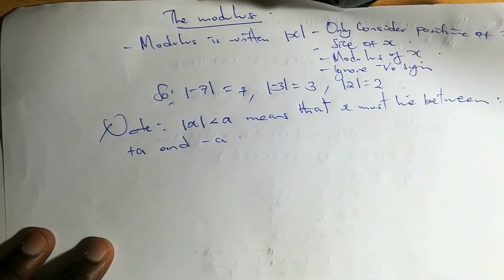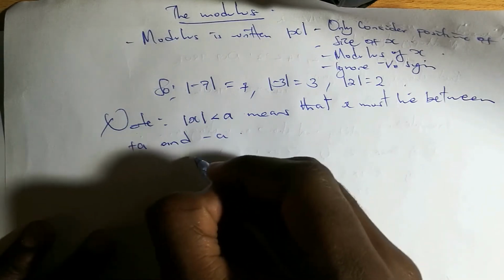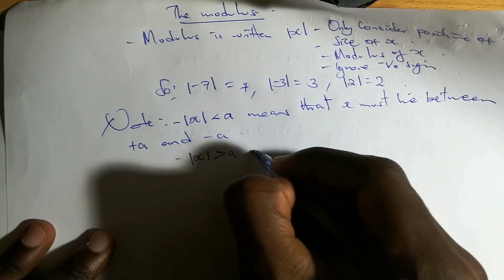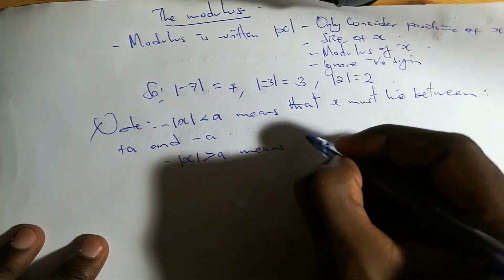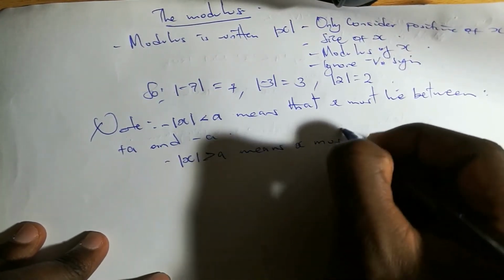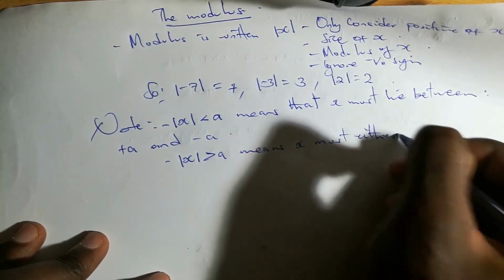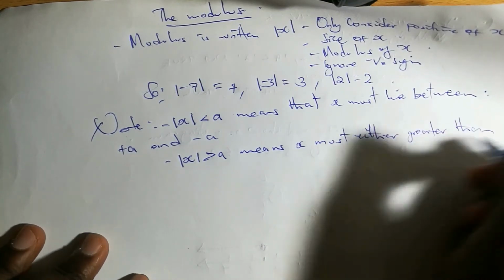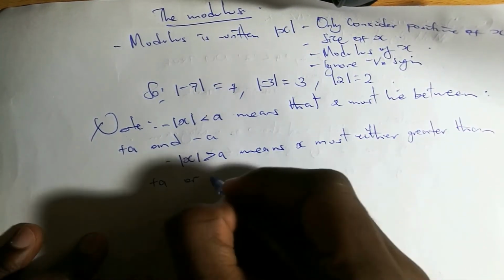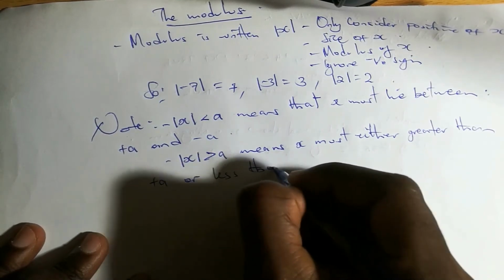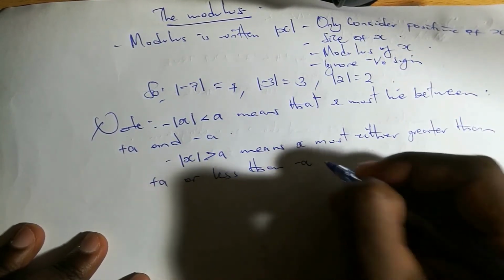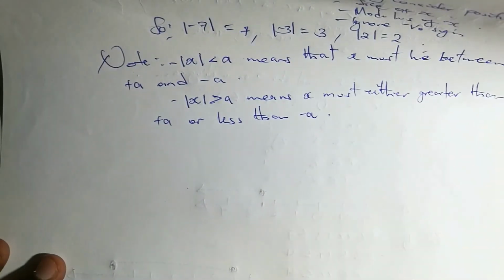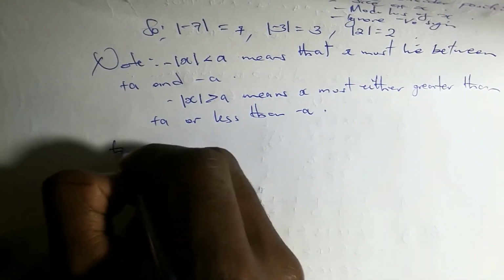Now for the case of greater than, it means that x must either be greater than the positive value of a or less than the negative value of a. And we're going to see that in this example as I show you how that comes about.